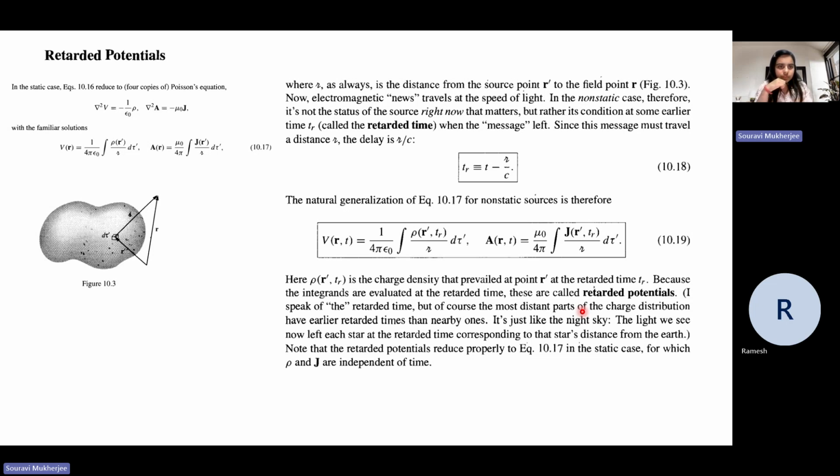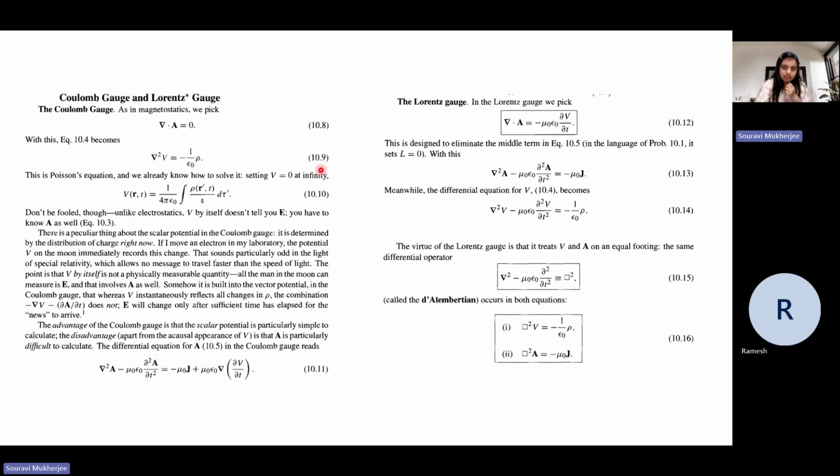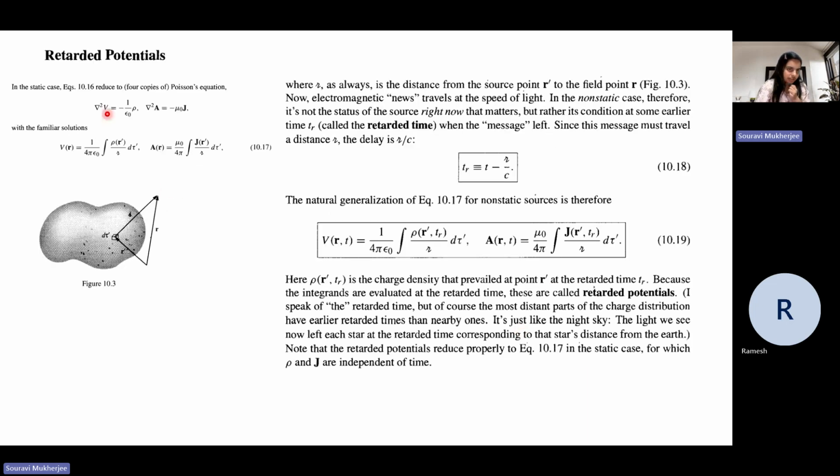Now if we look at this kind of form, consider the static case, where you don't have temporal change, so this term goes away. So basically you can have a form like this, right? This is like four copies of Poisson's equation, which we had already known during our electrostatic calculations.